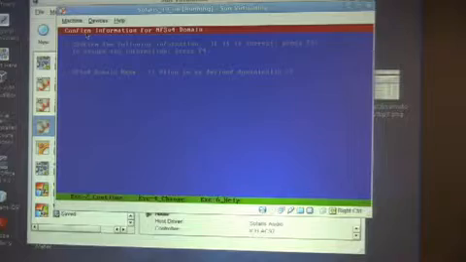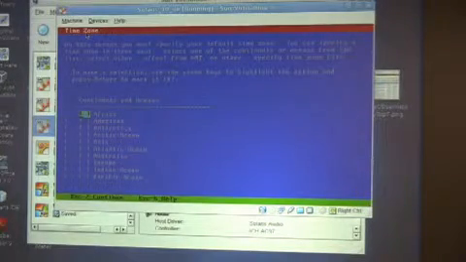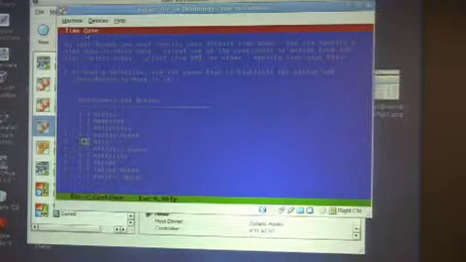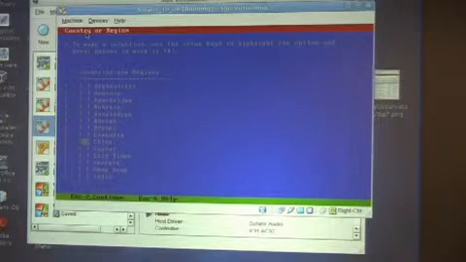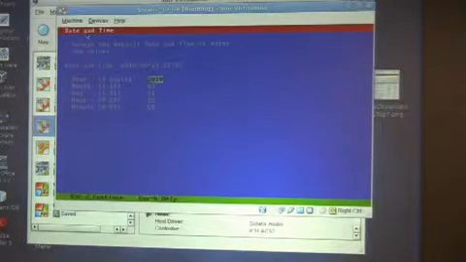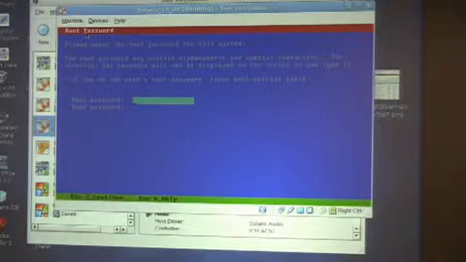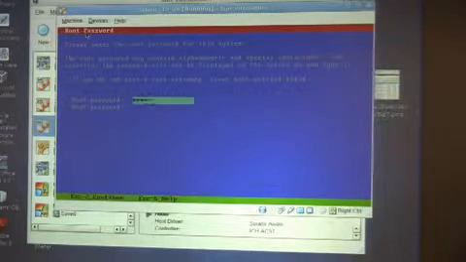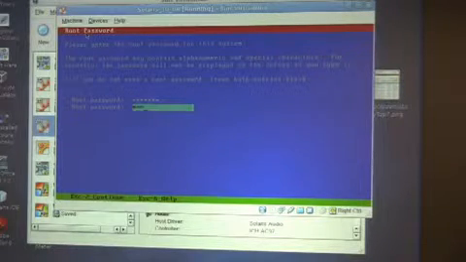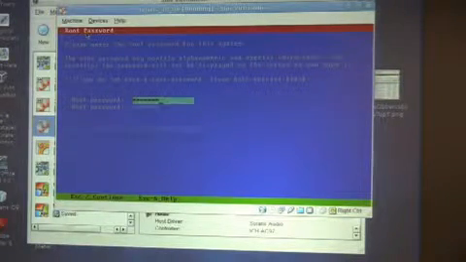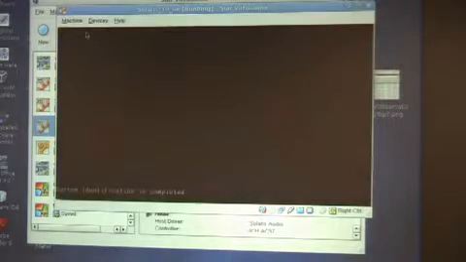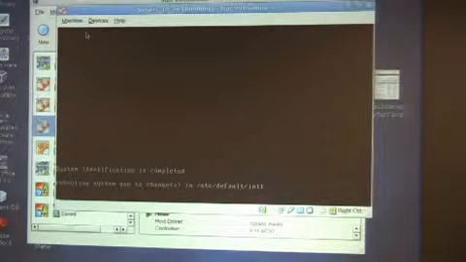Yeah, I'm selecting some defaults. Time zone, where are we? We're in Asia, India. Okay. And then finally, the root password. And so I'll use Solaris. Okay, good. It's complete. Now the machine's going to boot.